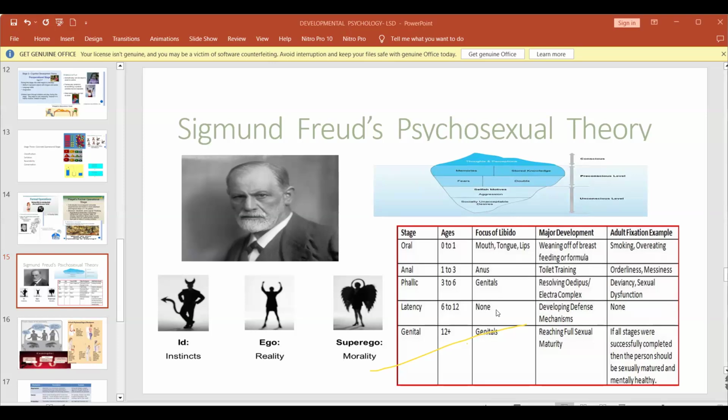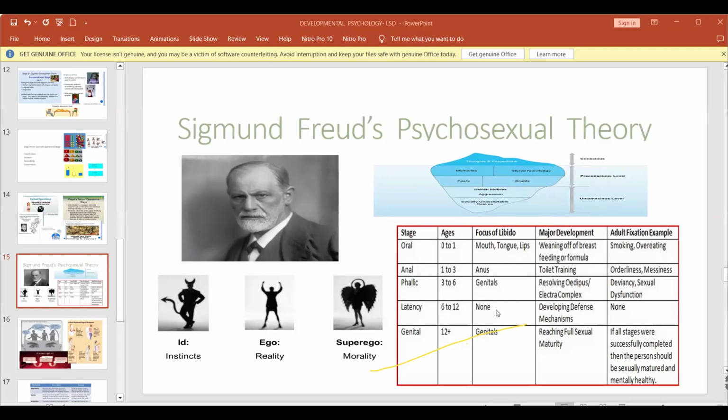And the child reaches sexual maturity in this stage. But if there are fixations in the first 3 stages, the child has difficulties in sexual life and intimate relationships. But if the child has no fixations in the first 3 stages, he is a happy person enjoying sexual maturity and mental health.